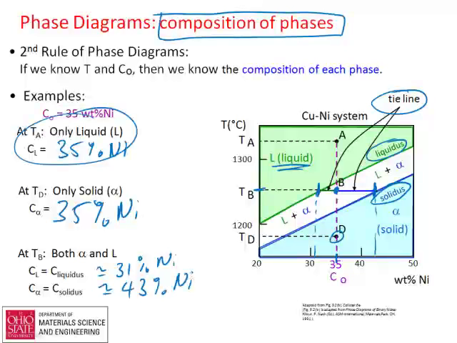And of course, there has to be overall conservation of mass and so forth. So as a result of that, the closer this overall composition point is to the liquidus, the more liquid you're going to have. The closer this overall composition point is to the solidus, the more solid you're going to have. I'm just going to leave that out there for now, sort of as foreshadowing, but we're going to get back to that and put a real quantitative rule behind that in a little bit.